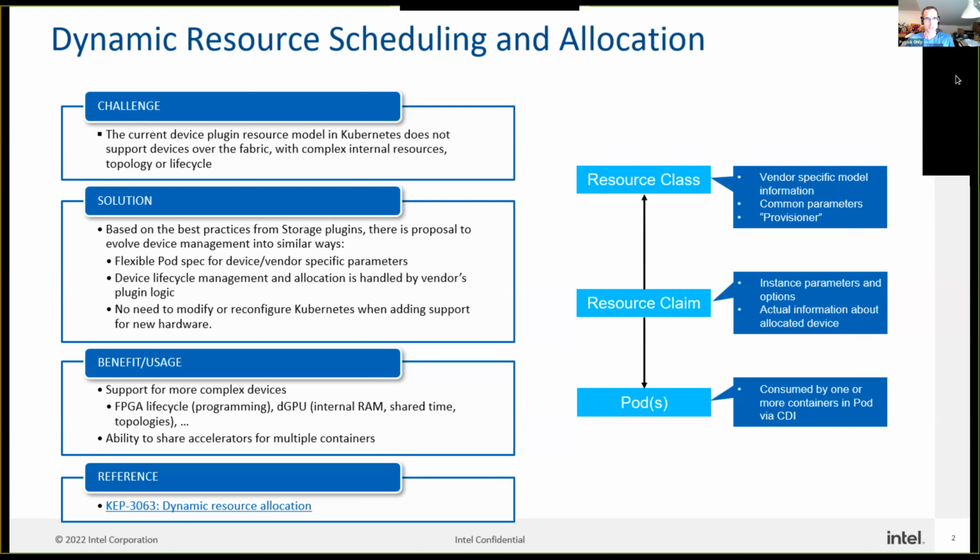We are trying to build something where vendors can extend Kubernetes just by writing a plugin. We call it resource driver, where the resource driver handles all of the resource-specific limitations that Kubernetes then doesn't need to know about. Whether it's available on multiple nodes or just a single one, that's all handled by the resource driver.